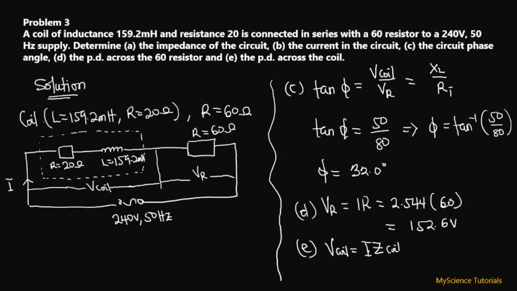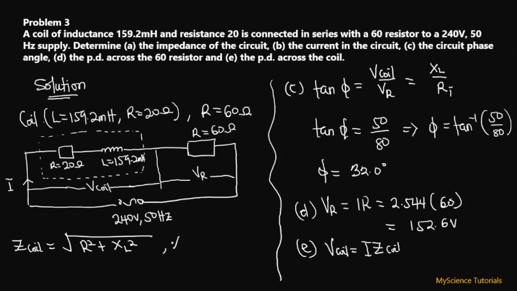So how do we find the Z coil? The Z coil, which is the impedance of the coil, is equal to the root of the resistance of the coil squared plus the inductive reactance of the coil squared.